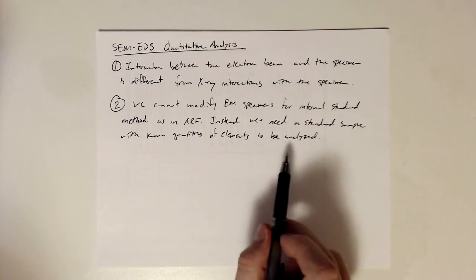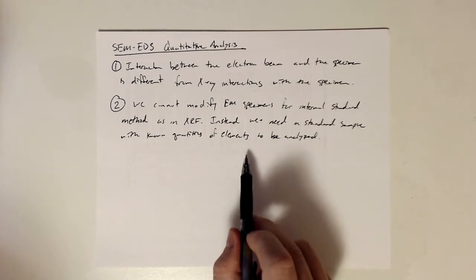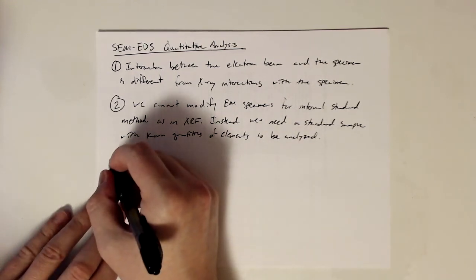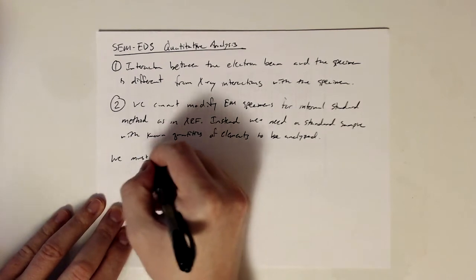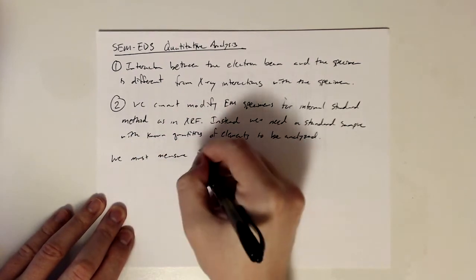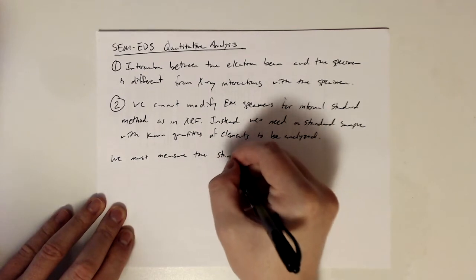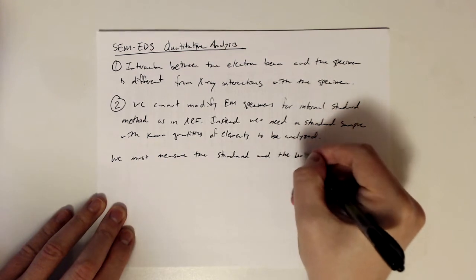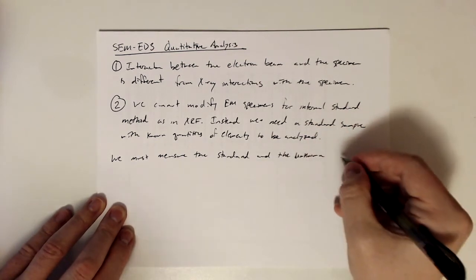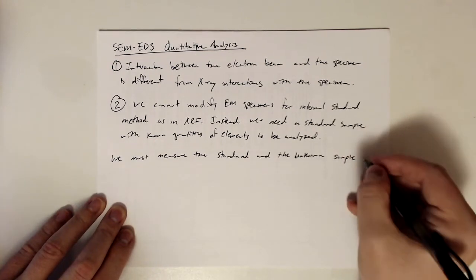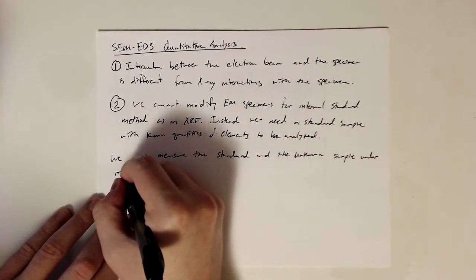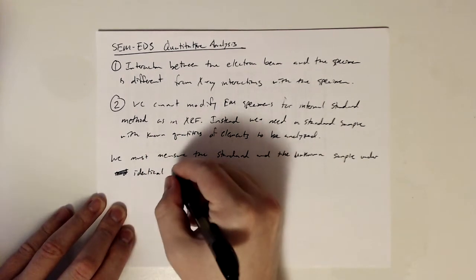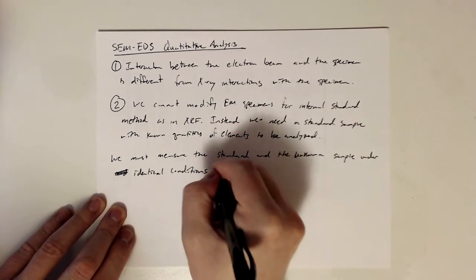Because we have to have an external standard with known quantities, we must keep in mind that we have to measure the standard and the unknown sample under identical conditions.